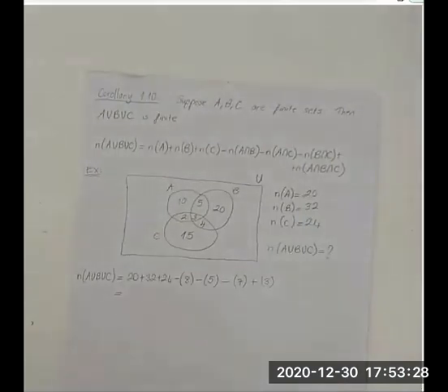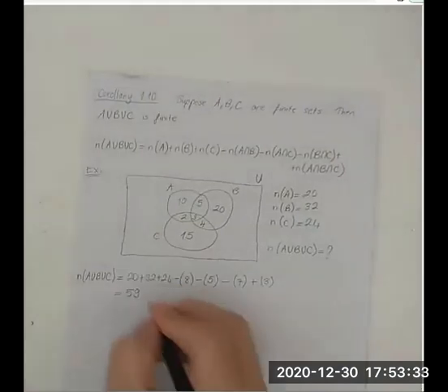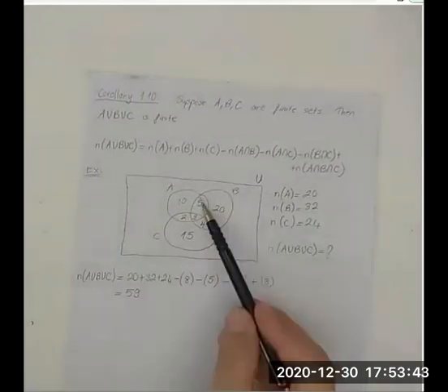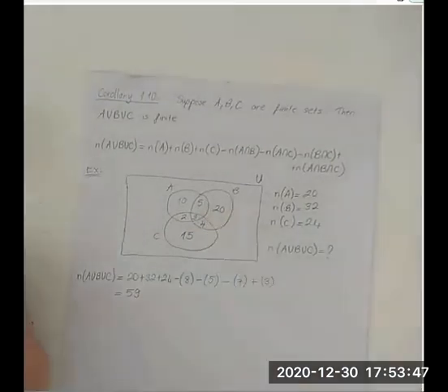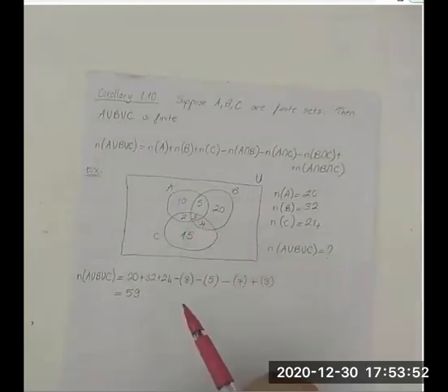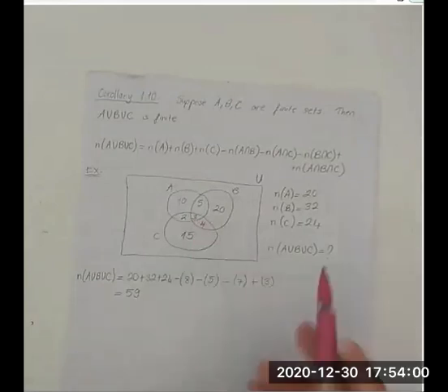So what is that theorem explaining to us? You see, if I subtract A intersect B, for example, the 8, I have subtracted the 3 one more time, so I have to add the 3 back to my total value.